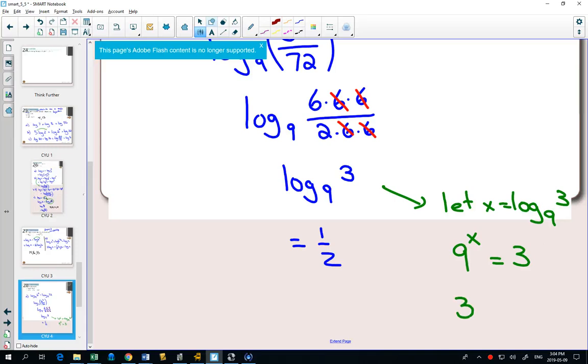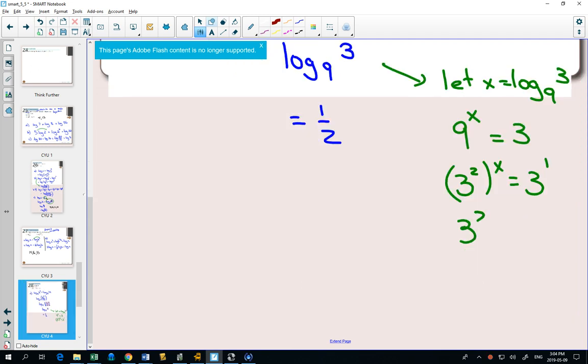I can write 9 as 3 squared. And this is 3 to the 1. And so 3 to the 2x equals 3 to the 1. So 2x would have to equal 1, and x would equal 1/2. That's a lot more extra work than just writing 1/2 as the answer, but both is fine.